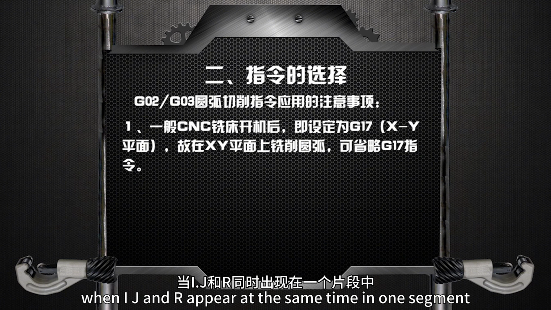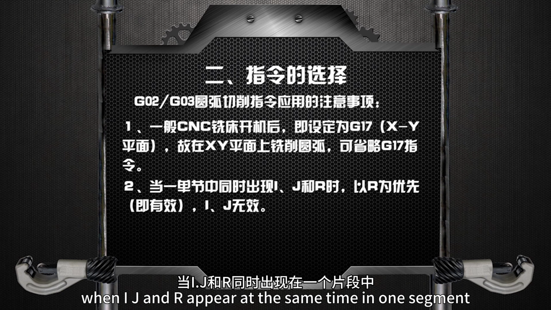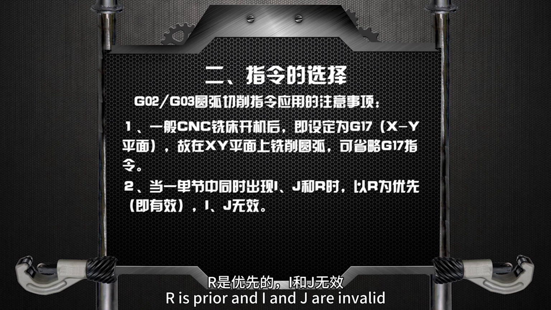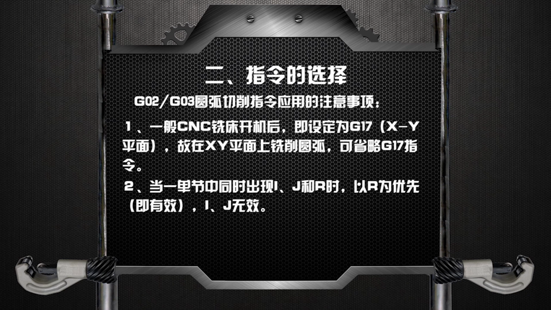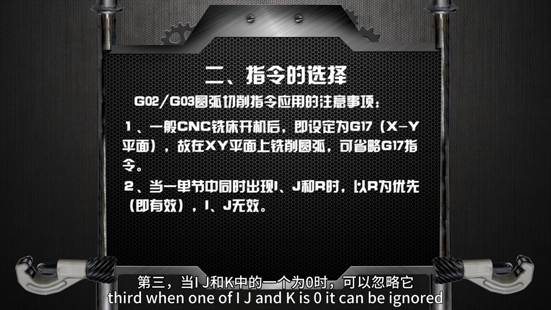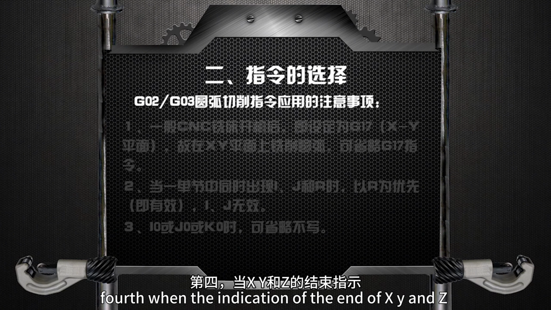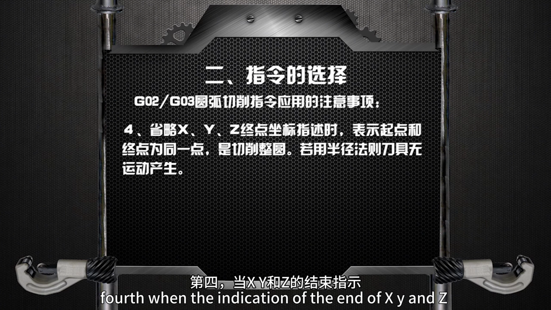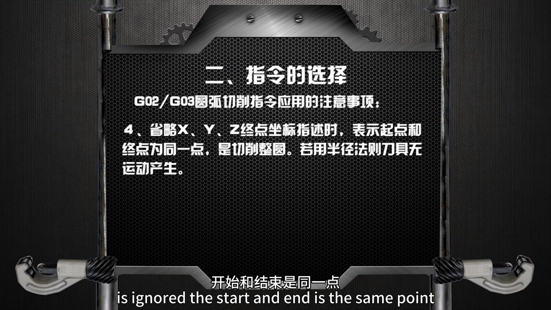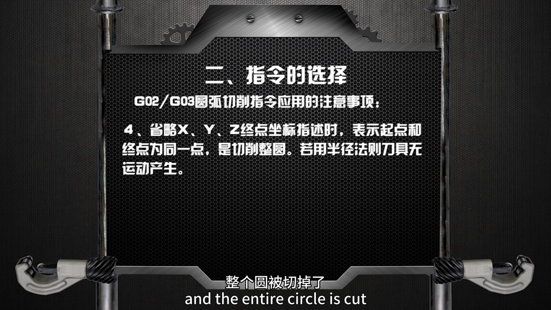Second, when I, J, and R appear at the same time in one segment, R is prior, and I and J are invalid. Third, when one of I, J, and K is 0, it can be ignored. Fourth, when the indication of the end of X, Y, and Z is ignored, the start and end is the same point, and the entire circle is cut.